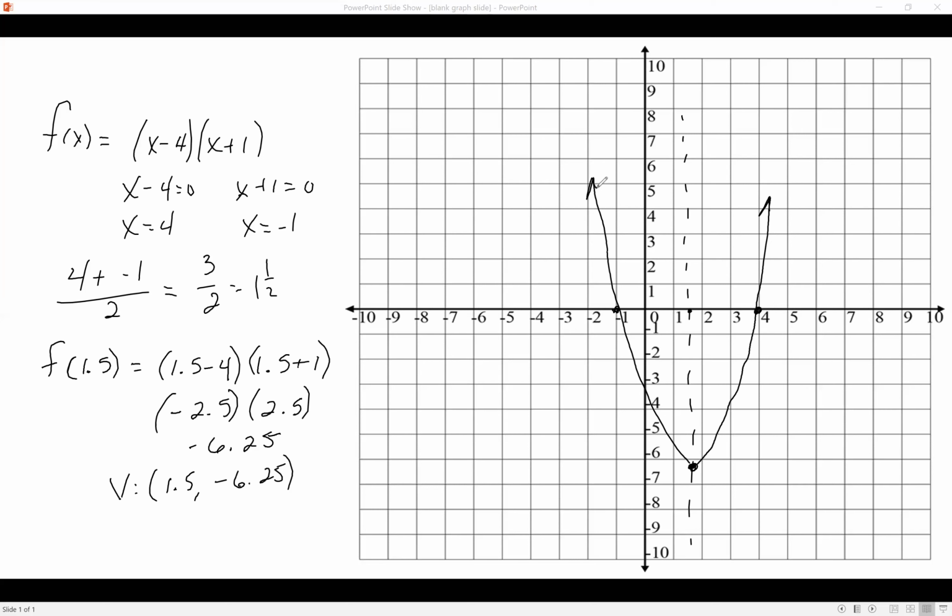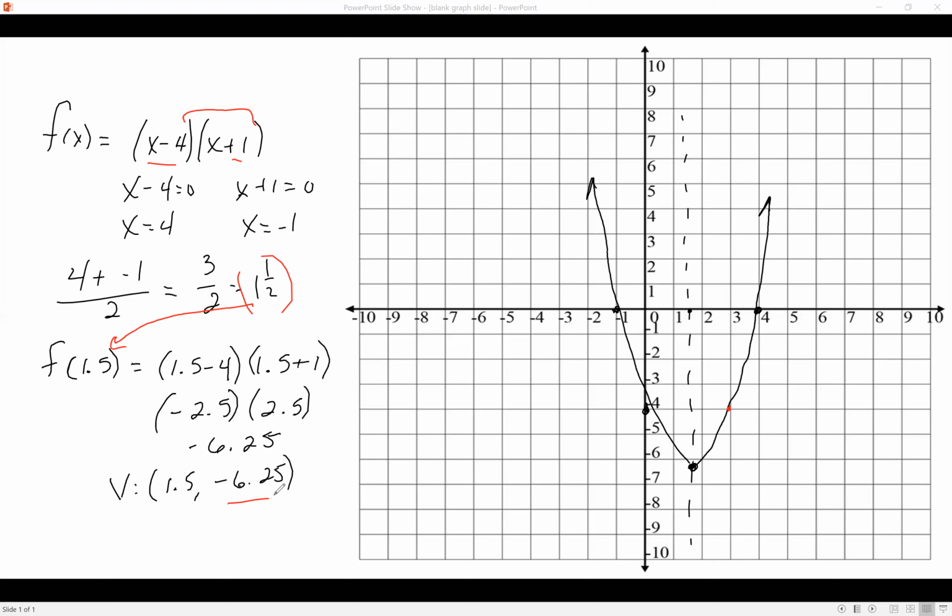I probably should have hit negative 4 a little bit better, because remember, if we multiply these together, that gives us our y-intercept. But that's the basic shape of the graph. What I expect you to do is to use these numbers to find your x value of the axis of symmetry in the vertex, plug that in, and come up with your y value.